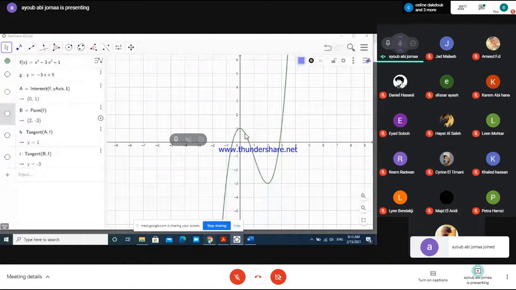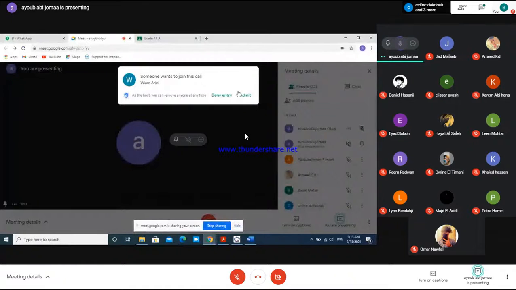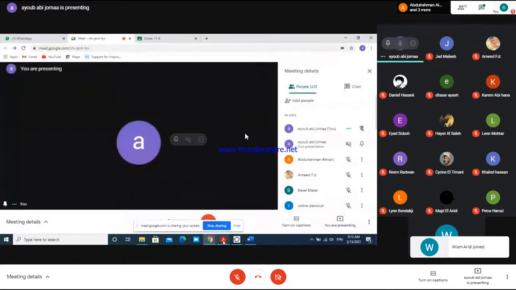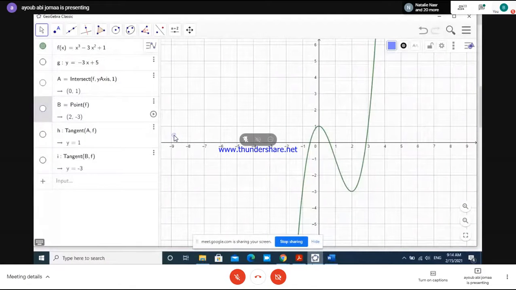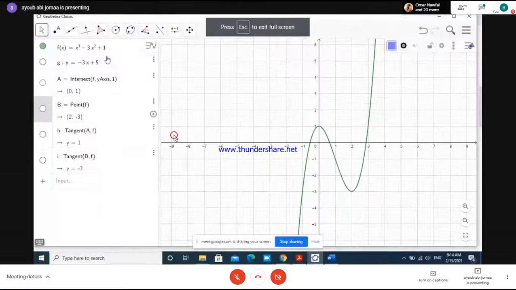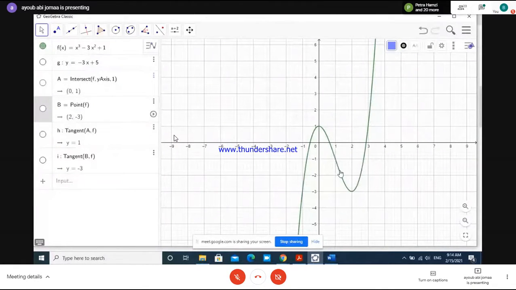Can you see the graph? Okay, good. Here is the graph of the function x cubed minus 3x squared plus 1.